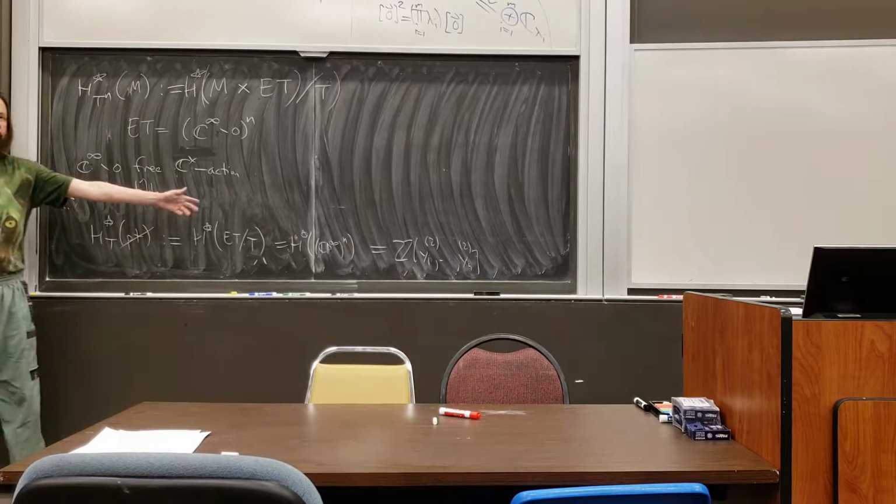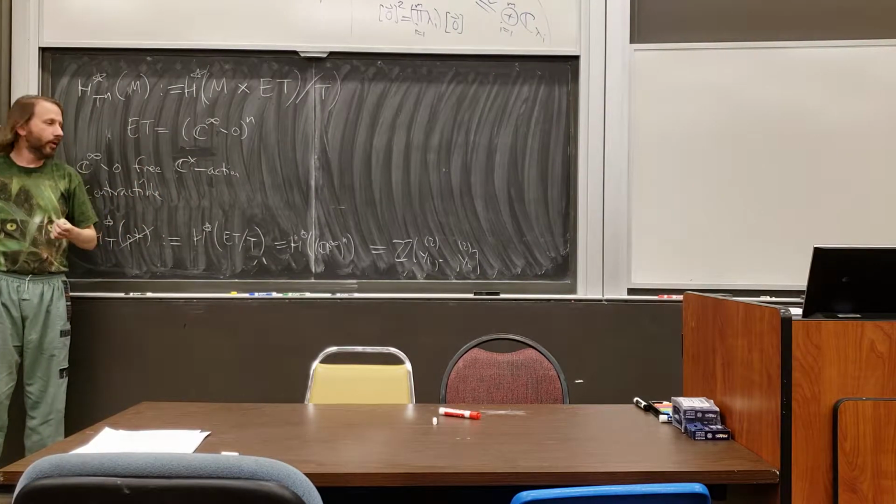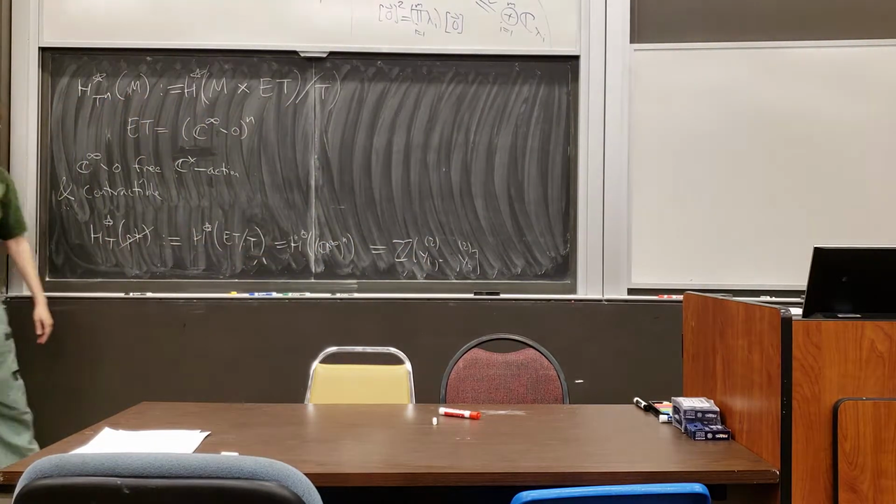If I just have a single CP infinity, then the cohomology ring of CP infinity is a polynomial ring in one variable. Because I'm taking an n-fold product, I get a tensor product of those rings.